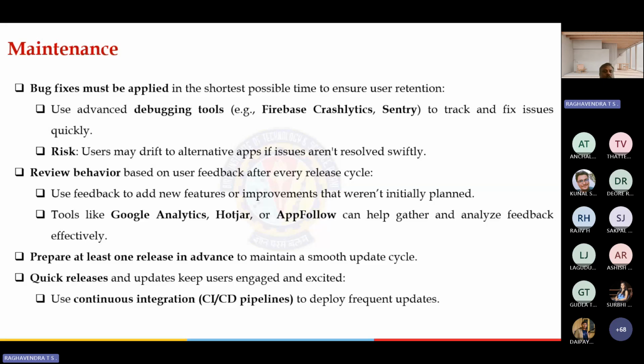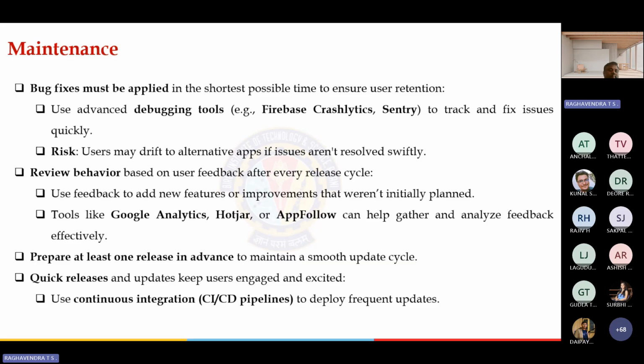So review behavior, which is based on user feedback after every release cycle. Use user feedback to add new features or improve the intended plan and the application building. You have to use tools to get the feedback, with the help of Google Analytics or Hotjar, or it could be application flow.